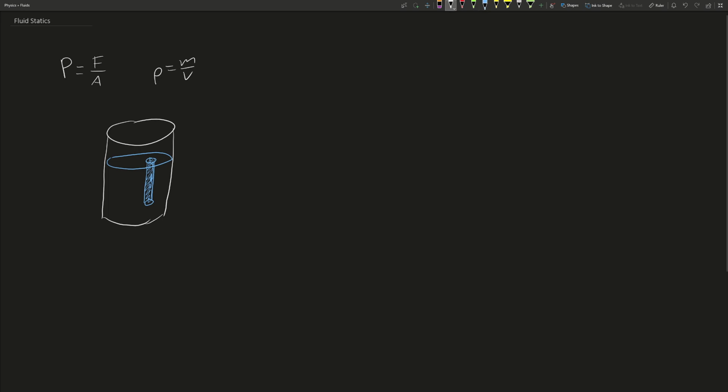Now, if we draw a force diagram for this, we have the weight of this column of water. And then we also have another force here that's being applied from the pressure, the net pressure on this column of water. Now, pressure acts on all surfaces. So we have pressure, I'll put it in green.